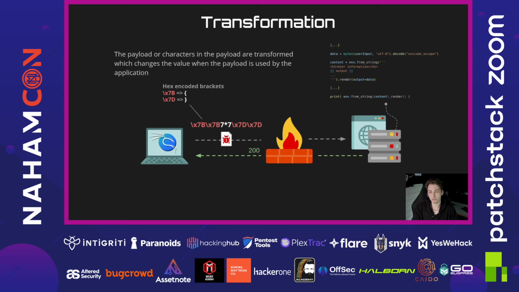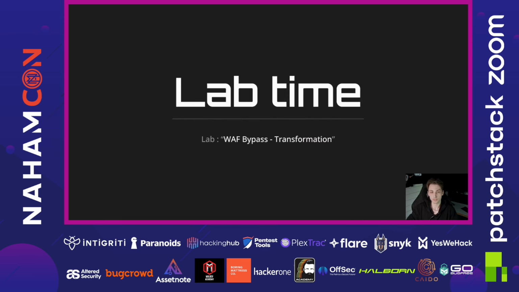It will decode it, with an argument unicode_escape, which basically means that when Python decodes this byte string, it will take escape sequences and turn them into their original characters. So if you have the hex version of the curly brackets here, it will be transformed into the curly bracket itself. So when it reaches the filter here, it will be transformed into the payload that you expected. So how can we use this now to actually bypass the firewall?